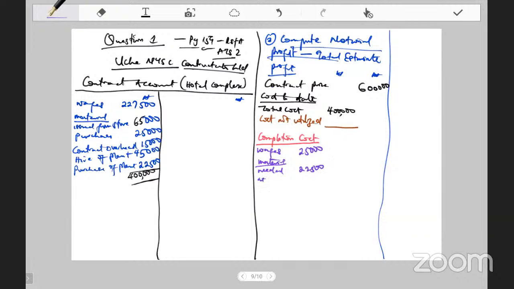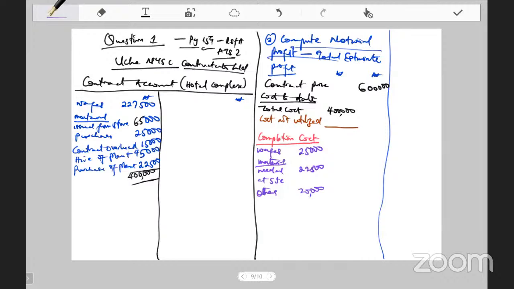Don't forget at site. We don't know that one yet because we need to calculate the one at site. Next, what are the other expenses required? Others, 20,000.